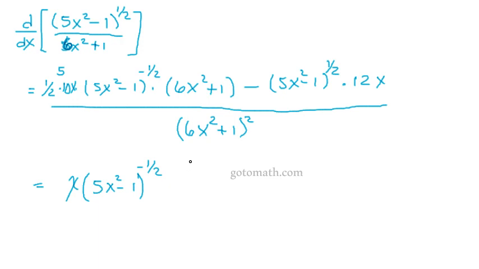And what else can we do? Nothing. I guess there's nothing else we can do there. Alright, I'm going to do a bracket here. So we're going to have 5, and then rewrite 6x squared plus 1, and then minus this 12, and then of course 5x squared minus 1, raised to the first power.